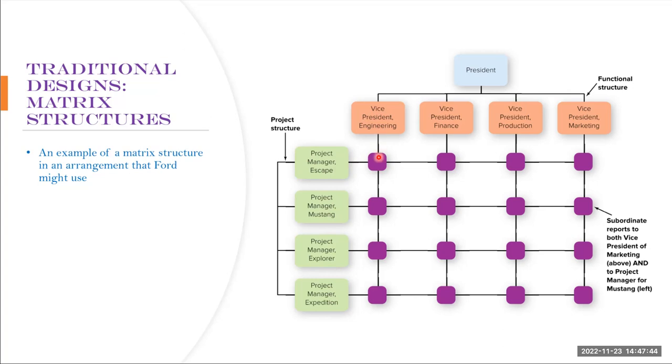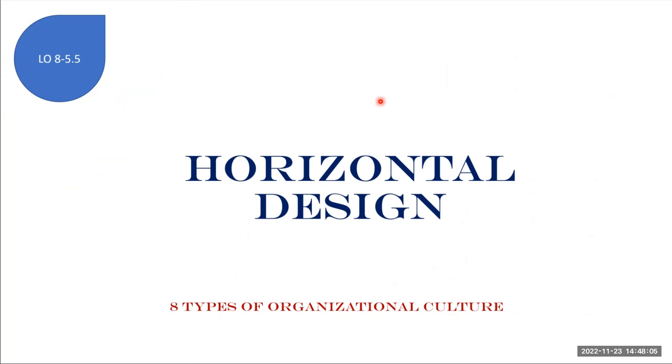Suppose this person is working on the Expedition or the Explorer. The person working on the Expedition is going to be reporting to their project manager for Expedition, as well as to the vice president of engineering. This is the structure that's allegedly prevalent at Ford Motor Company.